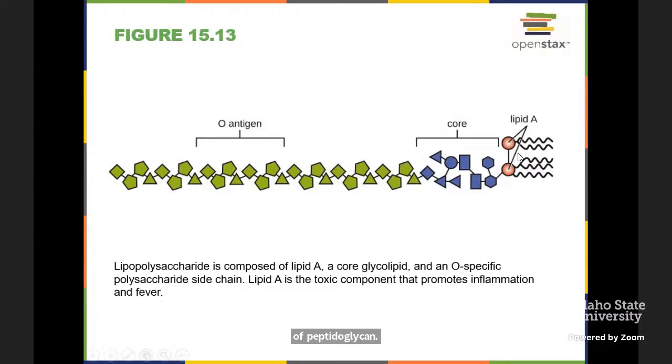Some lipid, and then some substances, both the O antigen and the lipid A together, are substances that the gram negatives harbor just on the outside of themselves that are big concerns with infection.